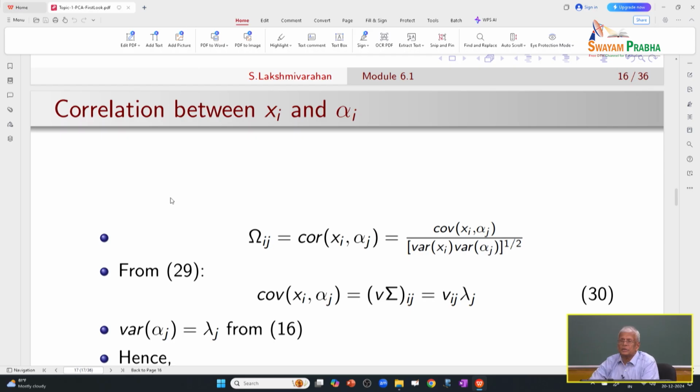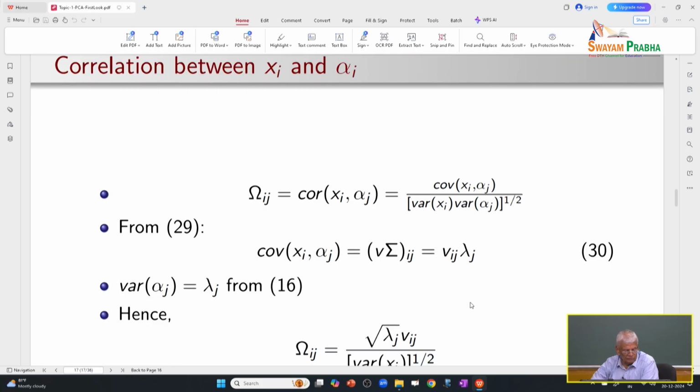So I'm computing the covariance between the ith component of X and jth component of alpha, which by definition is given by the right hand side. From 29, the covariance is V lambda ij, that is equal to Vij lambda j. The variance of alpha j is lambda j from 16.